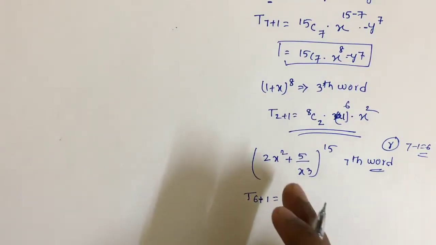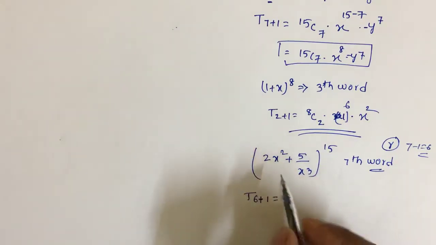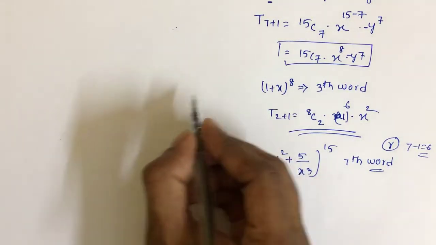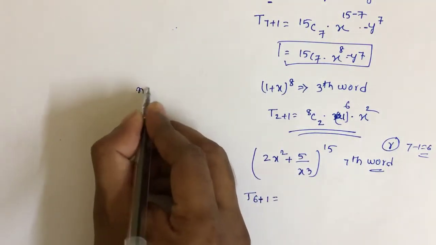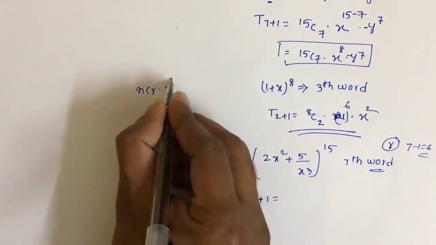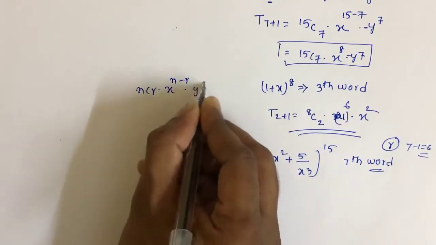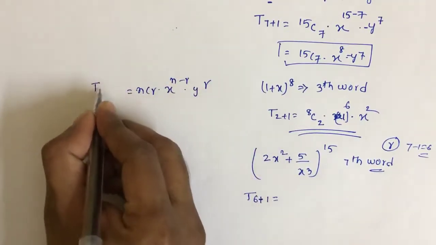so this is the principle. Here I will write nCr x^(n-r) y^r, this equals t_(r+1).